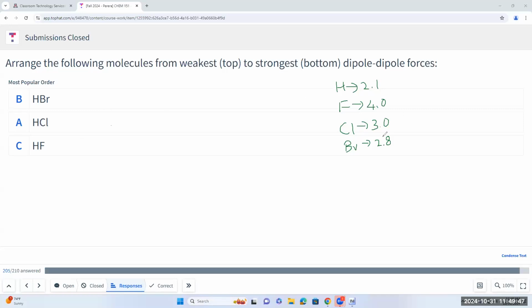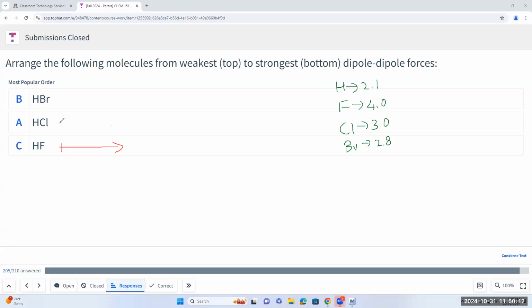So HF has the greatest electronegativity difference, right? 2.1 for hydrogen, fluorine is 4.0. So the electronegativity difference is 1.9 for HF. Therefore, it will have the greatest dipole moment. And then HCl, chlorine is 3, hydrogen is 2.1, the difference is 0.9.